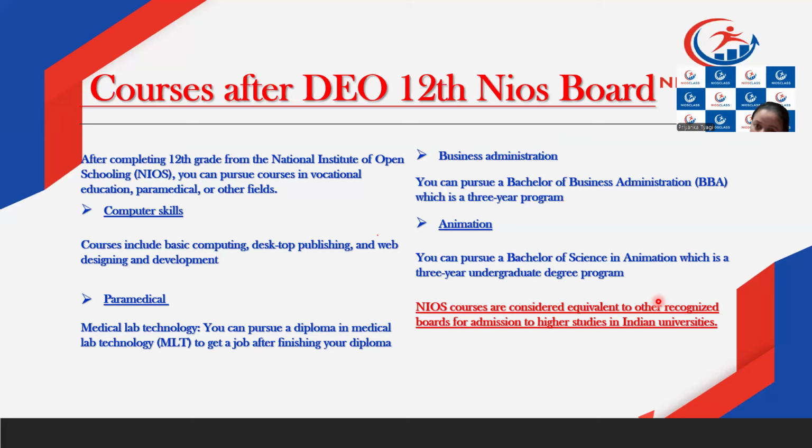In business, you can work in business administration. You can take admission in the BBA course. Later on, you can join the MBA course and enhance your upskills in other management companies. In animation, you can pursue a Bachelor of Science in Animation, which is a 3-year undergraduate degree program. You will get a proper degree, and later on you can apply to many types of firms.